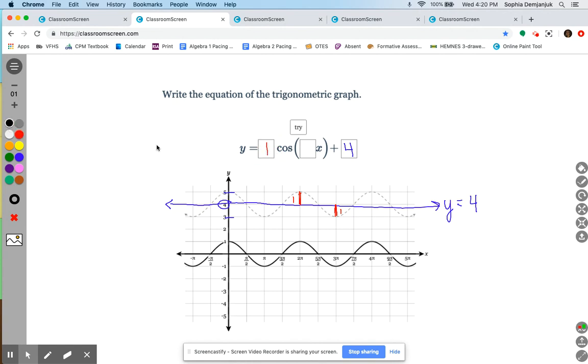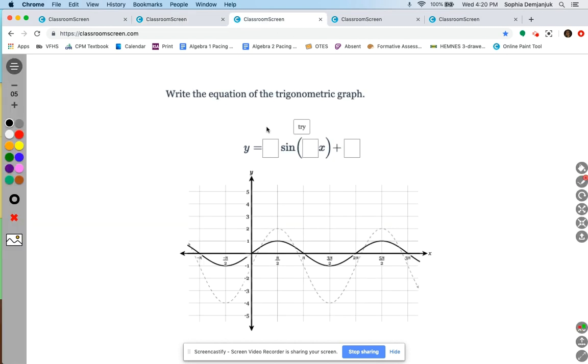And it leaves you a blank to work inside the parentheses and transform it each time, but we're not going to need that at all for level 1. So our function transformed would be y equals 1 times cosine of x plus 4. And you would even be able to leave that 1 off because multiplying by 1 doesn't change anything.